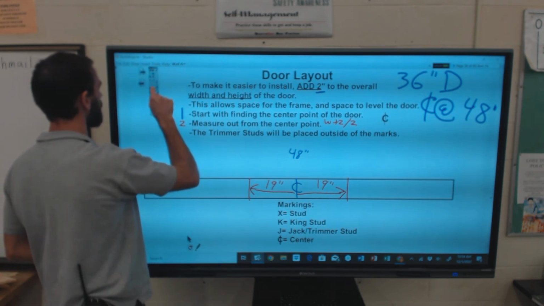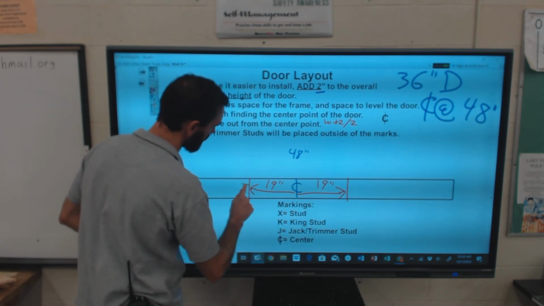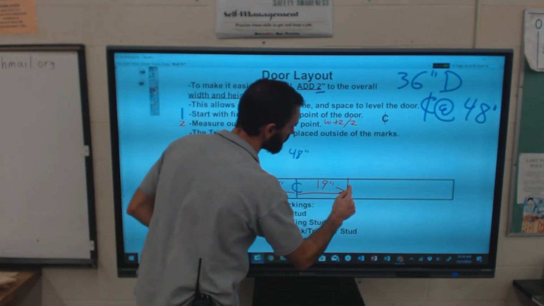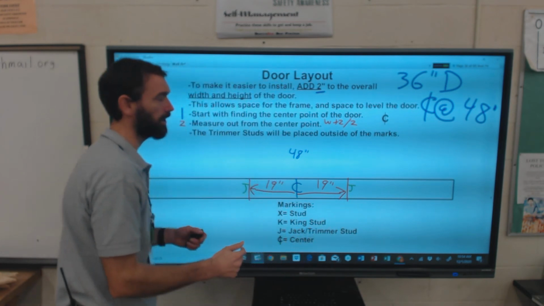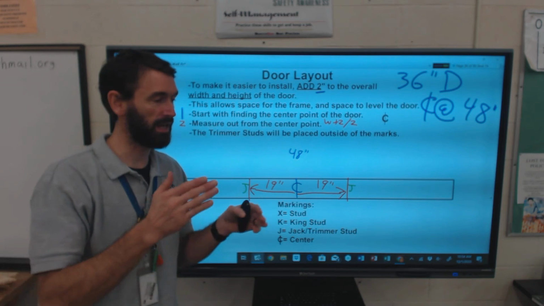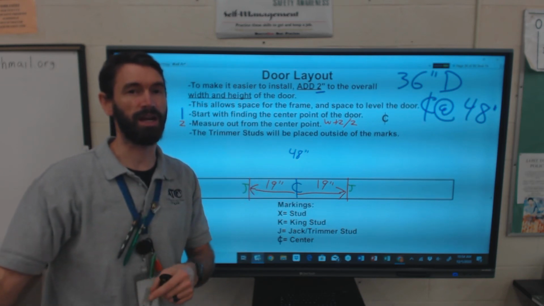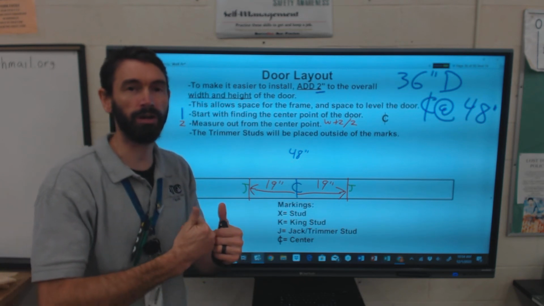And our jack and trimmers, I'm going to write a J. Put a J. Now, when we were doing stud framing and joist framing, X's were always on the same sides of the lines. In this case, we're working outward now.